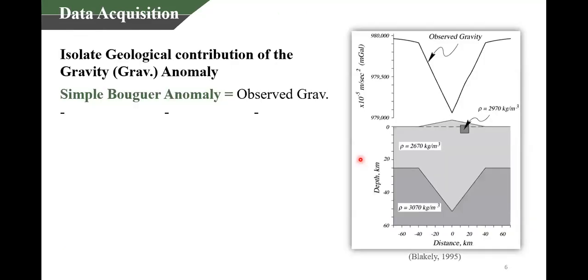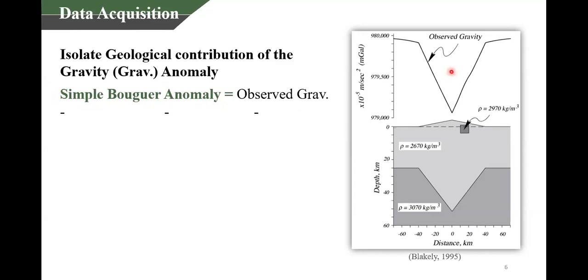So after making these measurements, we want to isolate the geological contribution of this gravity anomaly. And in order to do that, we have to perform some corrections. So I'm going to explain the corrections that must be applied to get the simple Bouguer anomaly, which is the one I'm going to use later in the maps.